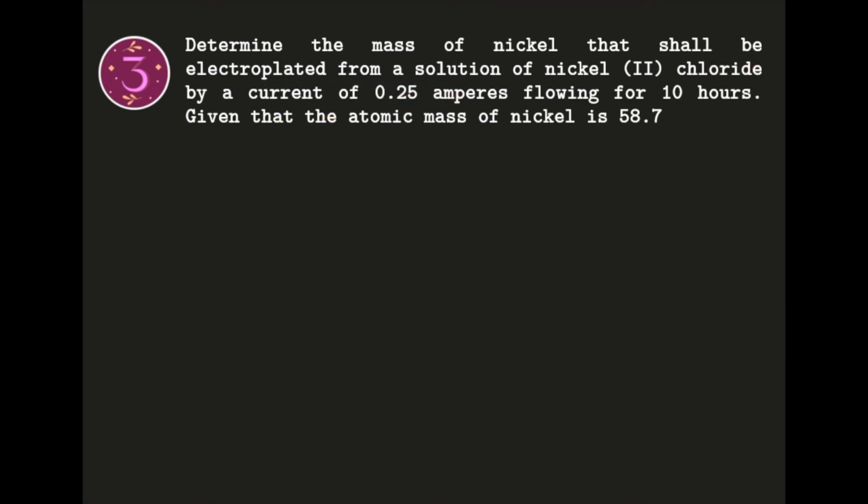Alright, so I'm just going to quickly recap what we have calculated. Your Q is equivalent to 9.0 times 10 to the power of 3 coulomb per mole. Right, and then we know that your nickel is actually nickel 2 positive, so the half reaction for this is Ni2+ plus 2 electrons will produce Ni.